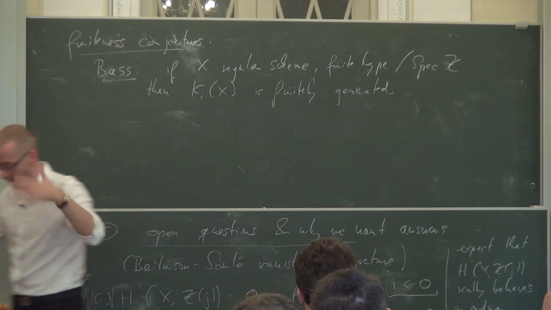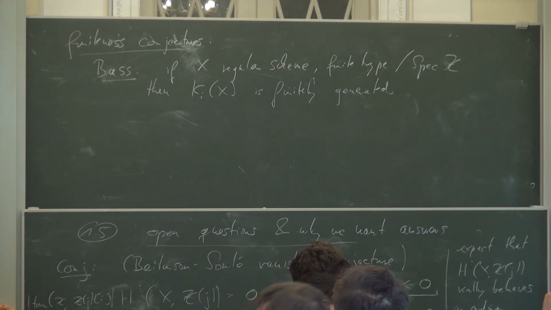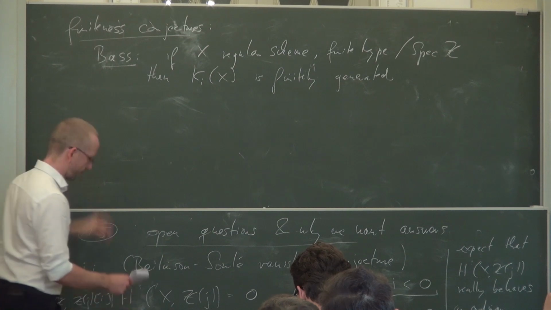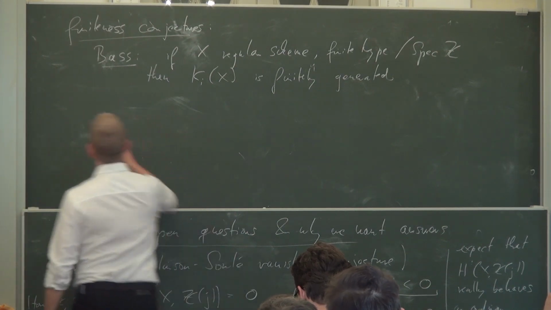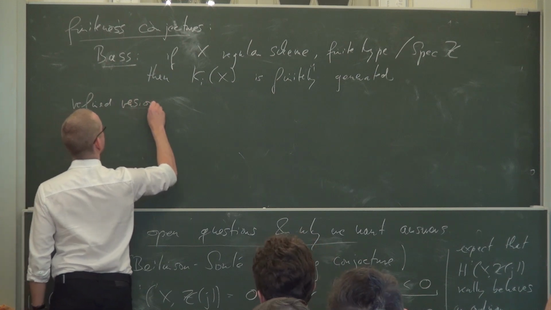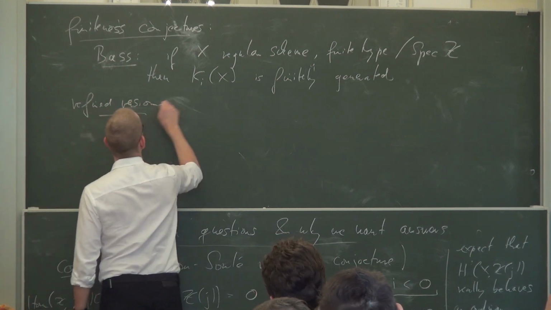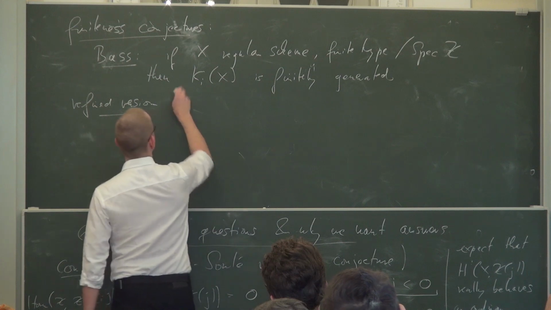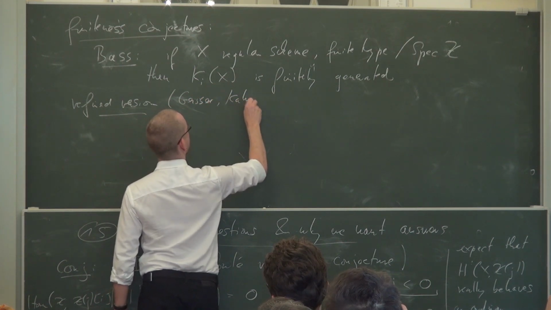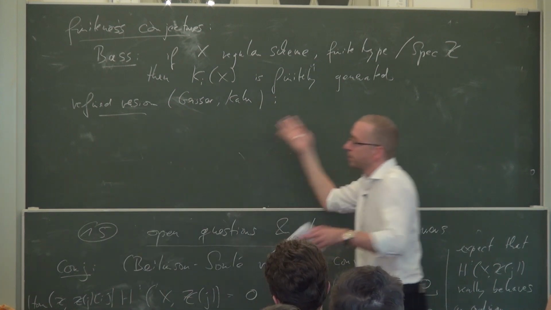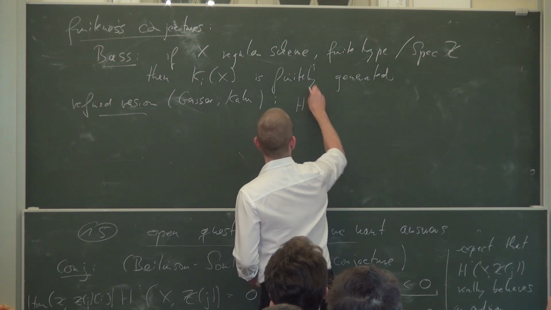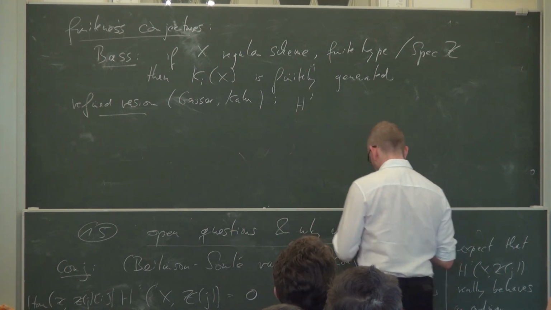So number rings would just be sort of relative dimension 0 over the integers. There is a refined version which you can find in papers of Geisser and Kahn, which then claims that Motivic cohomology should also be finitely generated.